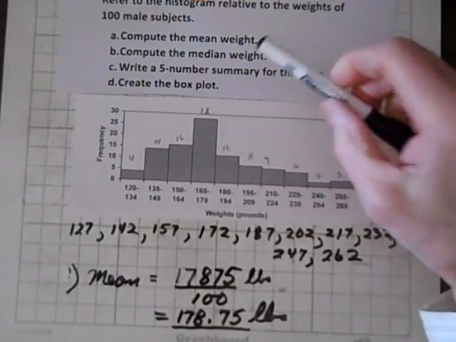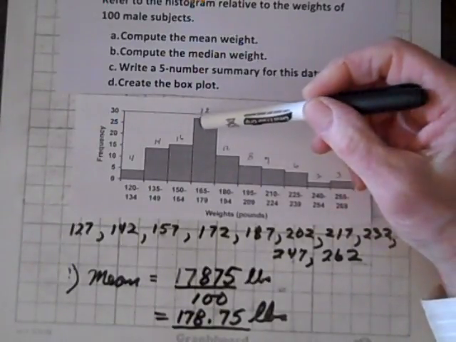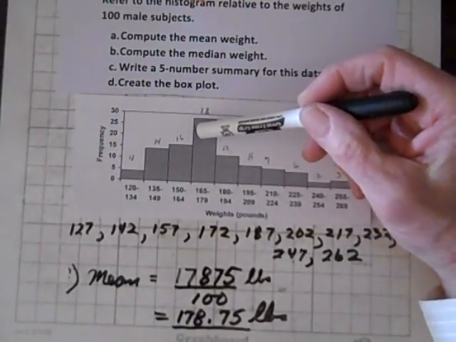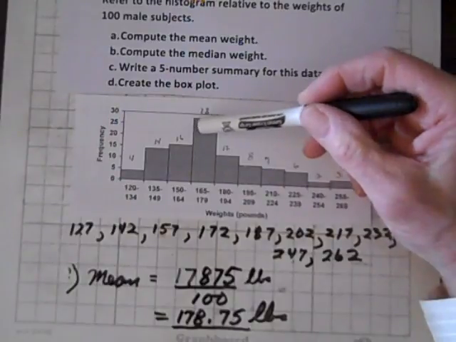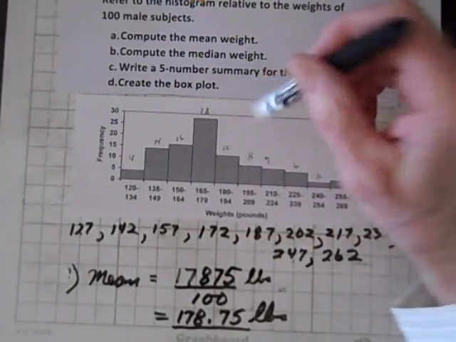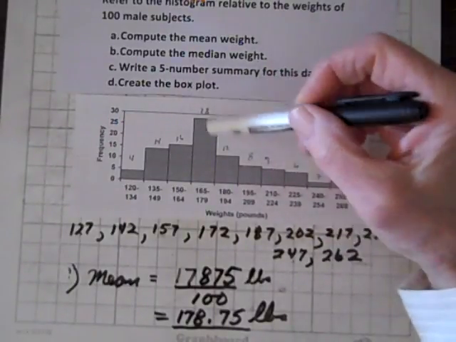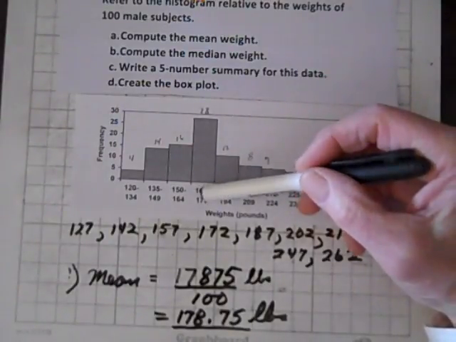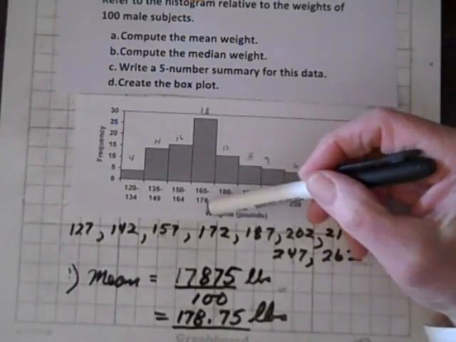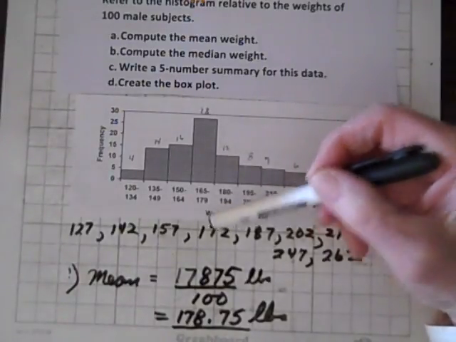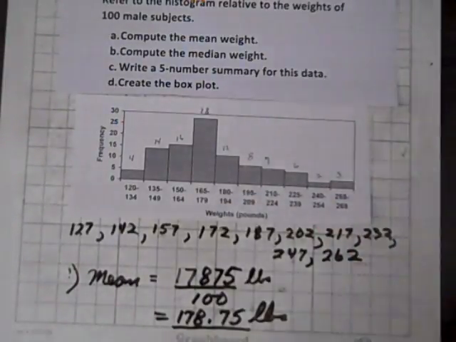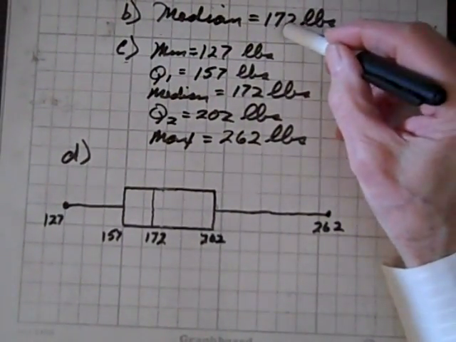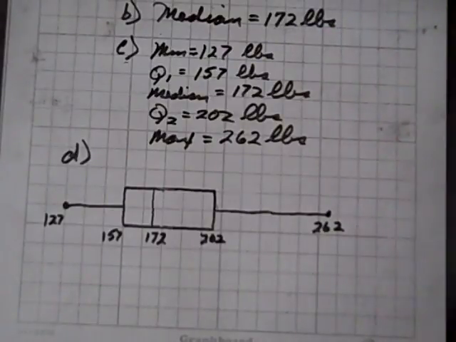Now our next task is to come up with the median. So the median is going to be between the 50th gentleman and the 51st in order, and both of those gentlemen can be found in this interval, and the average weight in that interval is 172 pounds, so then the median is 172 pounds.